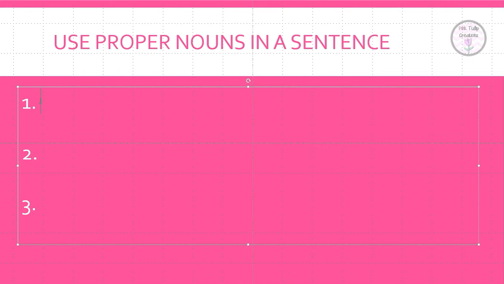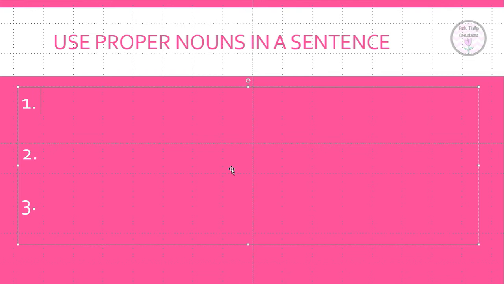So right now is the time where your teacher's going to pause the video and I want you to come up with 3 sentences. In those 3 sentences, you must have at least one proper noun. You can have more than one if you want, but every sentence has to have at least one proper noun.